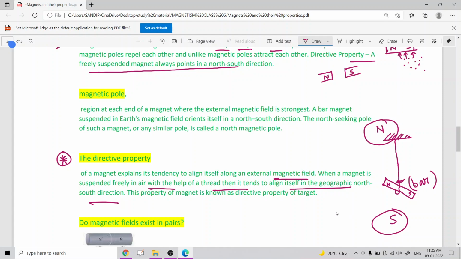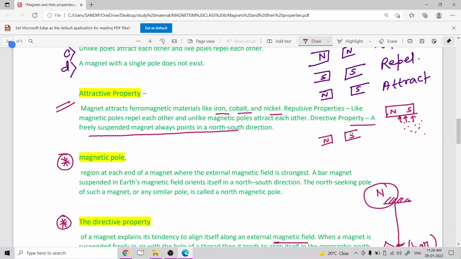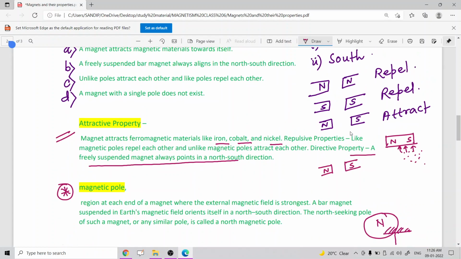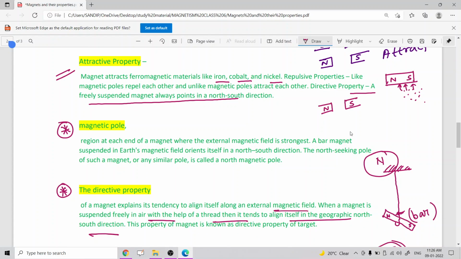Now we move to our next point, that is the magnetic pole. Generally, we take two different poles, one north and one south pole. We already discussed that two like polarities repel each other and two unlike polarities attract each other.